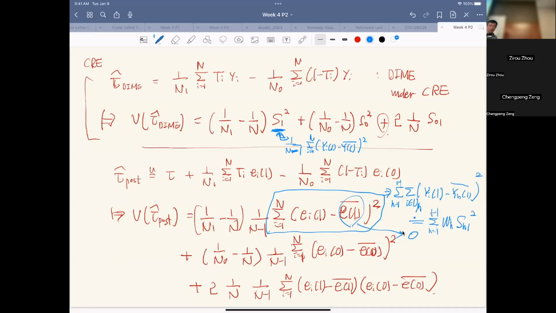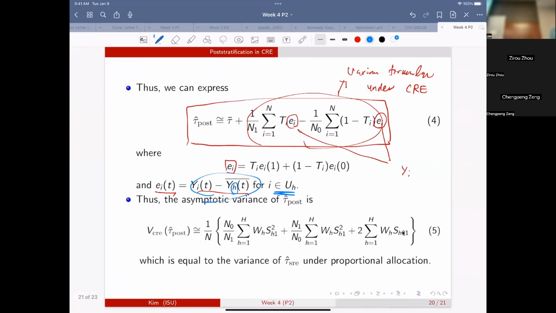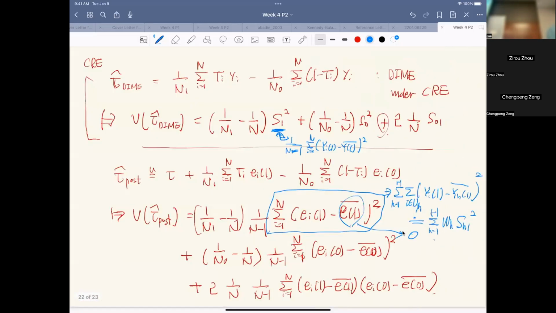So that's how you get this part. This term is just 1 over n1 minus 1 over n, and then this other term comes from here.